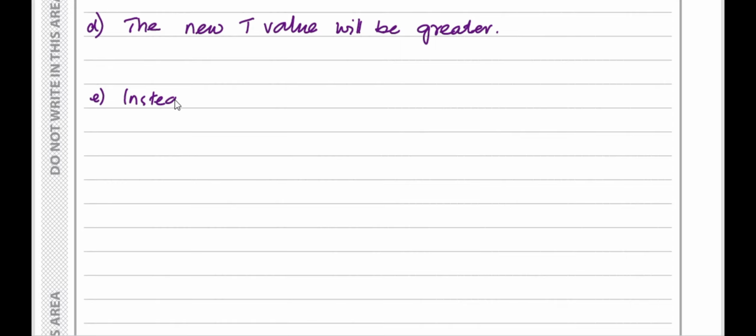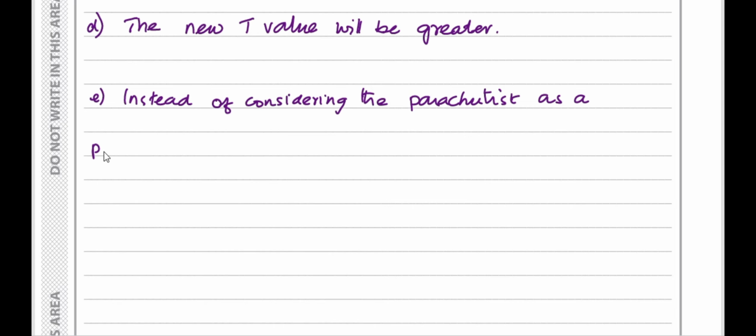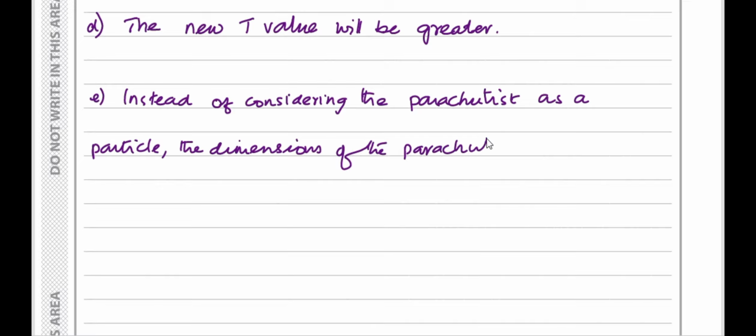Instead of considering the parachutist as a particle, the dimensions of the parachutist could be considered, or could be included in the model.